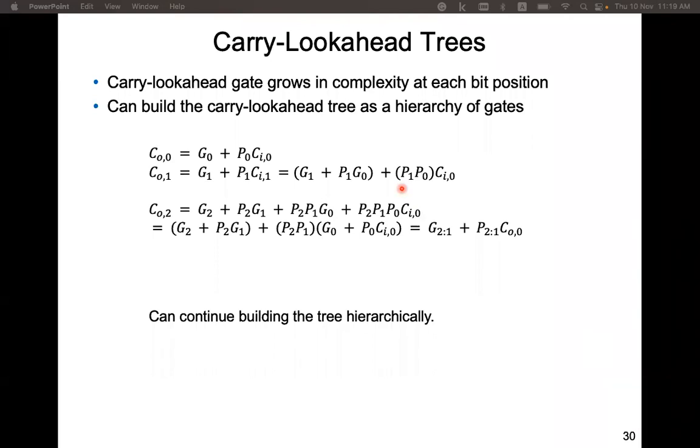If we further go along this direction, say the third bit, its carry out CO2 can be expressed in this way. We had this expression earlier. Then we can regroup it in this format.